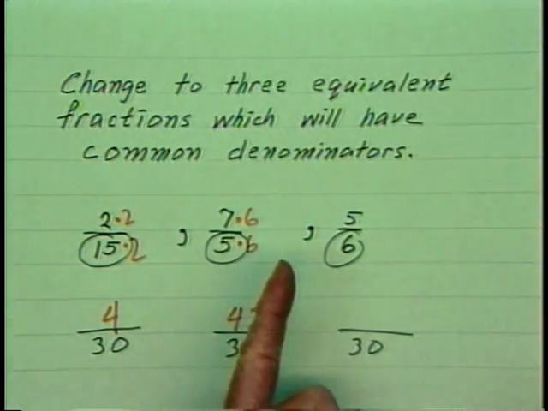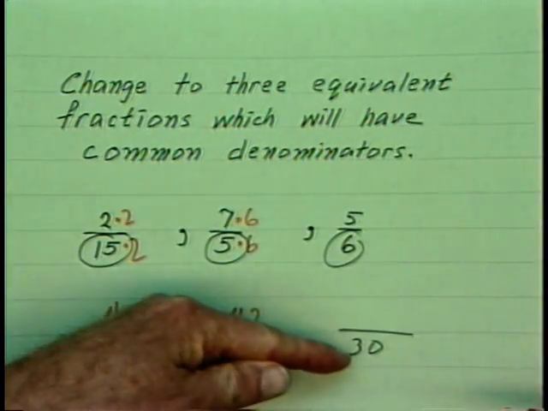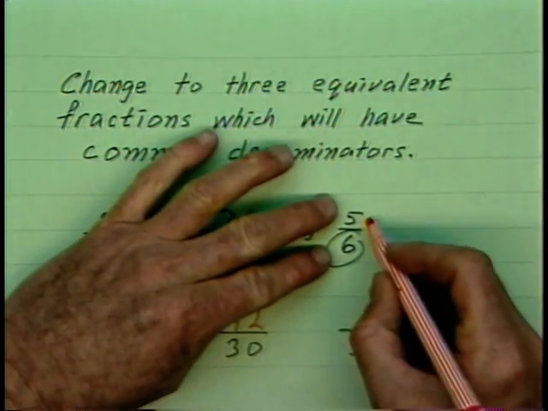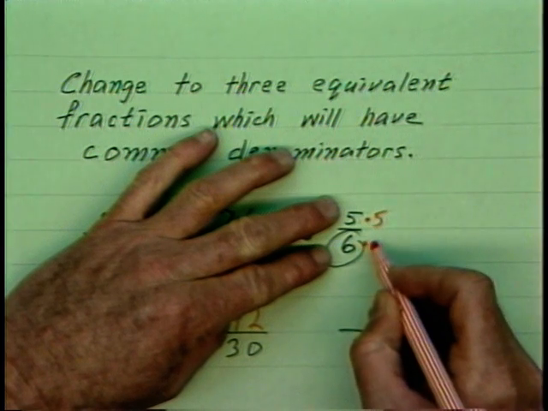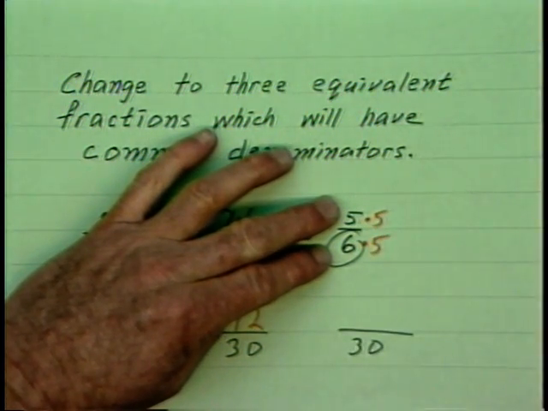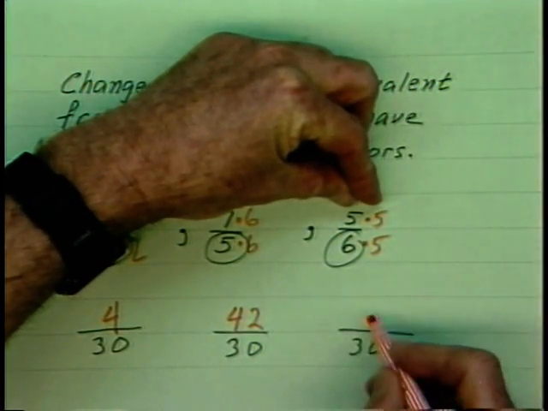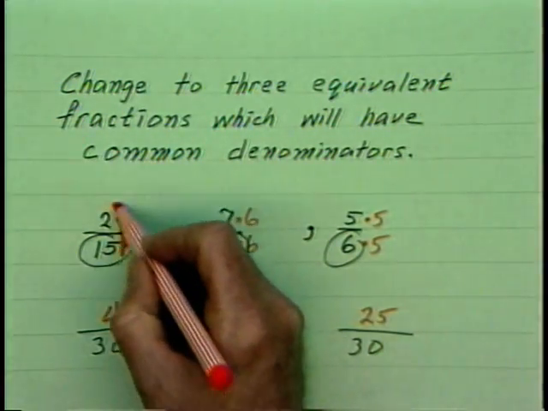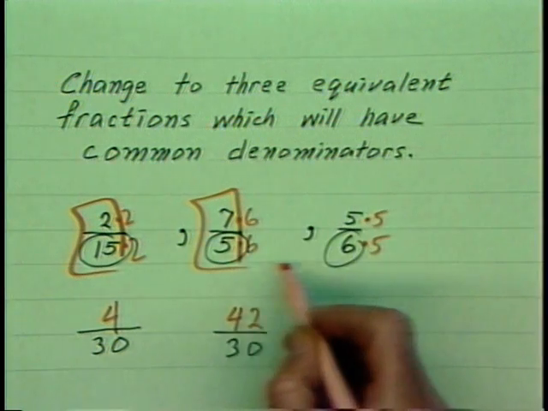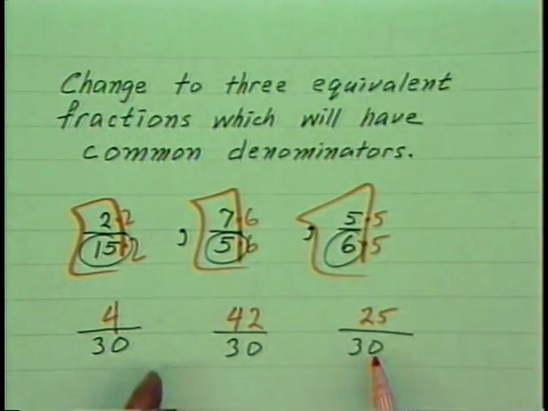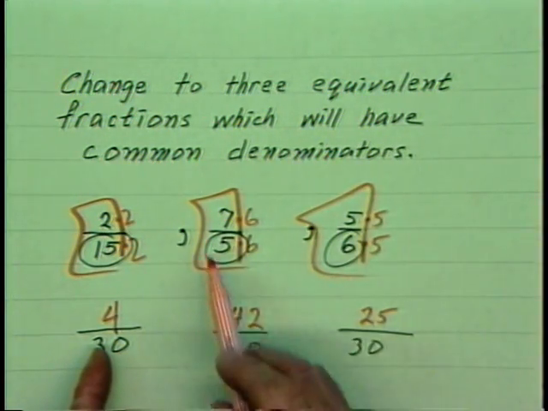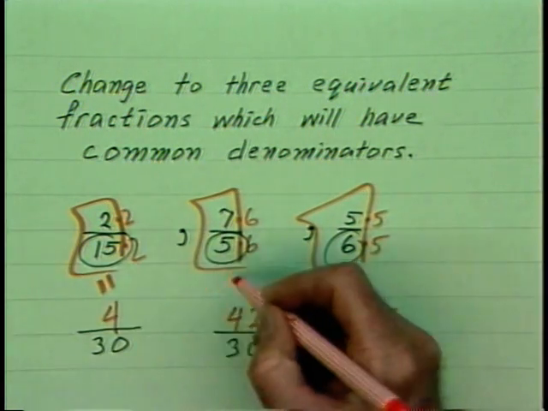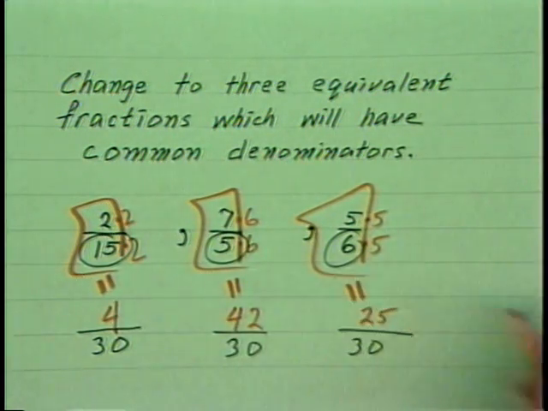And so continuing this process, 6 goes into 30 5 times. We build the fraction by multiplying top and bottom by 5, thus getting 25 30ths. So these three fractions, if we wish, may be replaced by these three because they are equivalent.